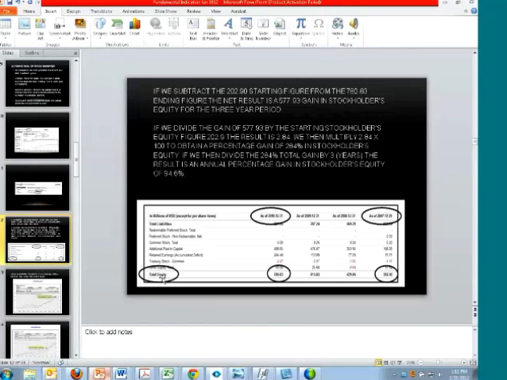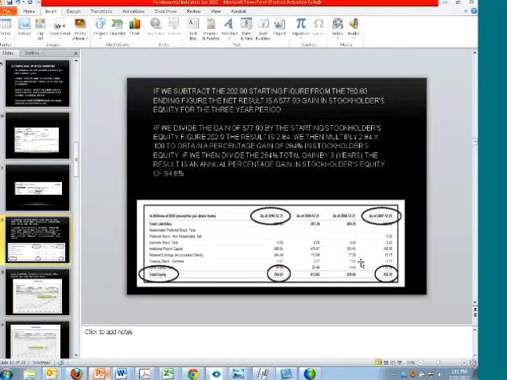For Clean Harbor's, as of December 31st, 2007, they had $202 million in total equity. All these figures are in thousands of dollars.